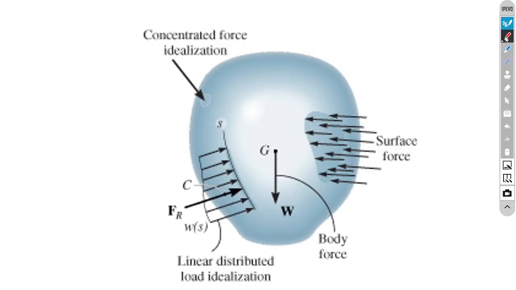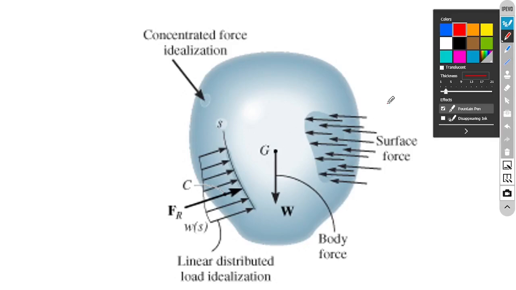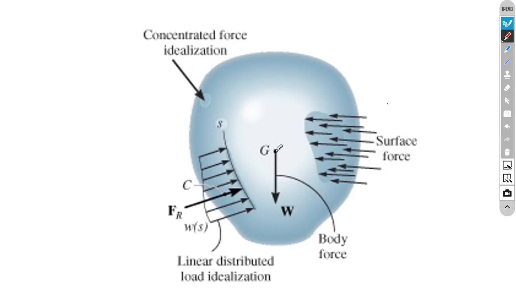It is called the center of gravity point. Here, this is the center of gravity point. It is commonly denoted using capital G, gravity point. And this one is the weight vector. Okay.